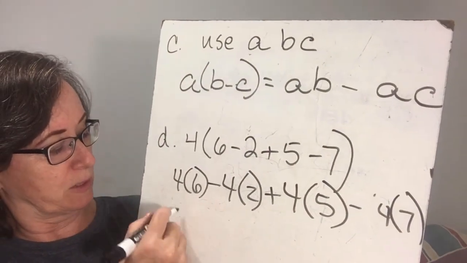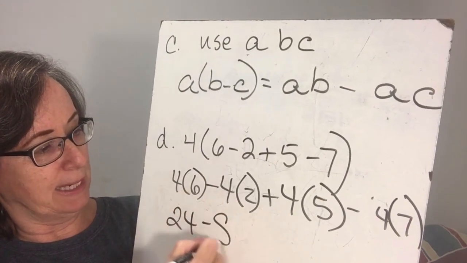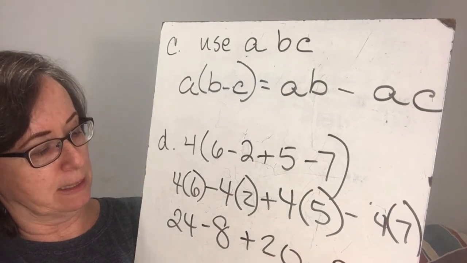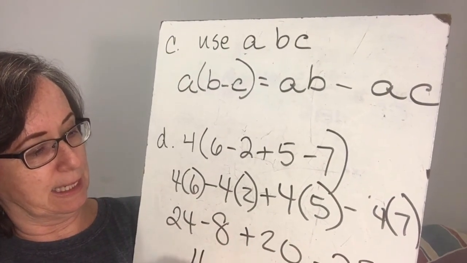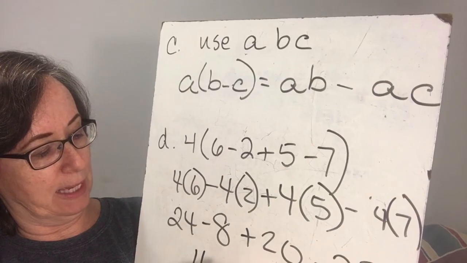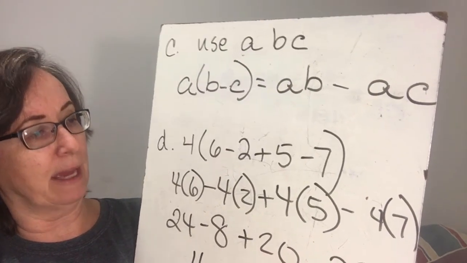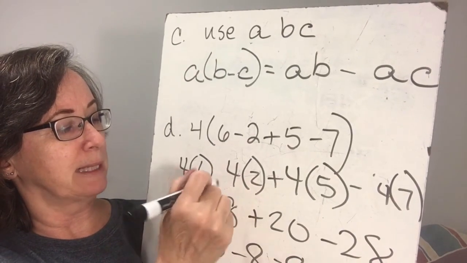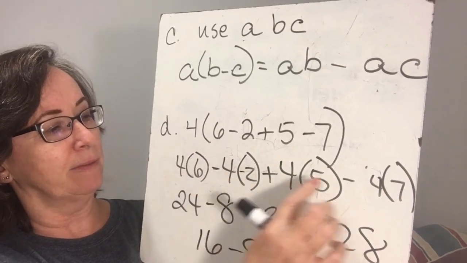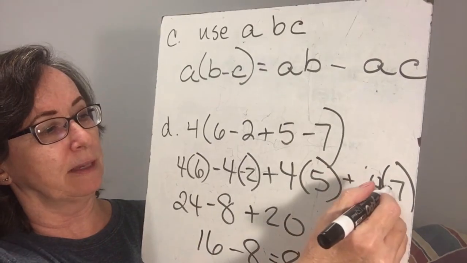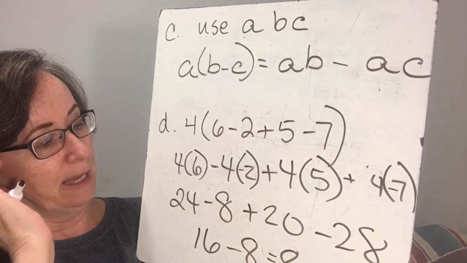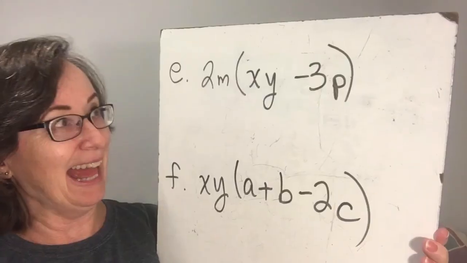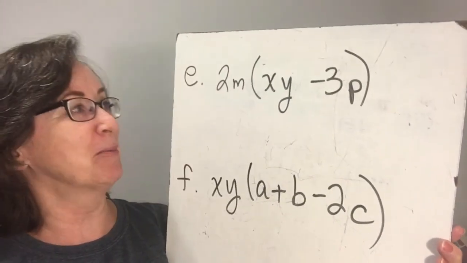So 4 times 6 is 24 minus 8 plus 20 minus 28. And that was 16, and that's a negative 8, which is 8. Okay, now remember, I could have made this a positive and that a negative. I could have made this a positive and that a negative. And guess what? I would have gotten the same answer. Exactly. Last board, and then you get to work on your homework.